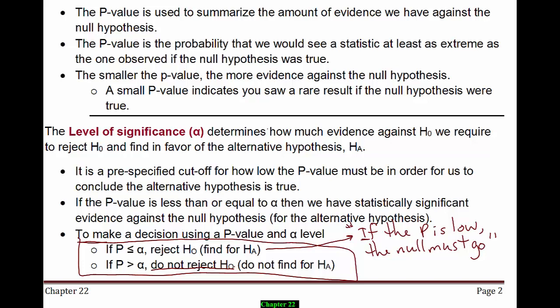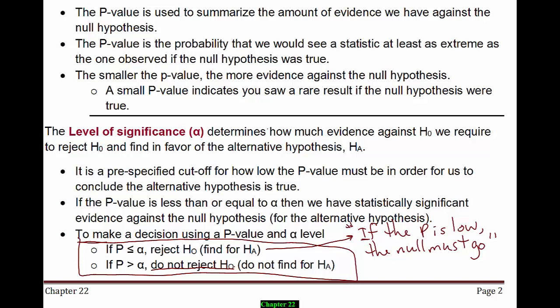Think about the two decisions that a jury makes for a defendant. Either they find the defendant guilty or they find the defendant not guilty. We never say in the not guilty case that we proved the defendant innocent. We just say we didn't find enough evidence for guilt.